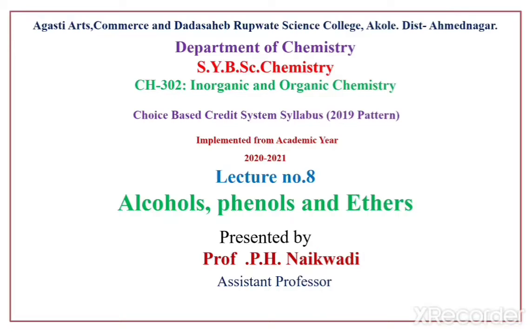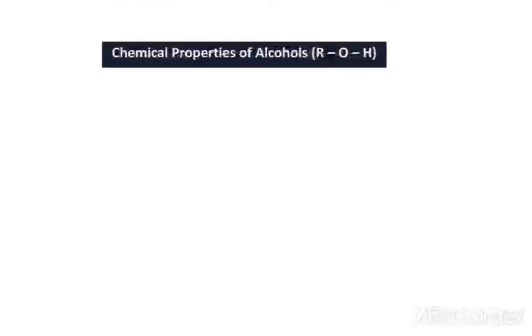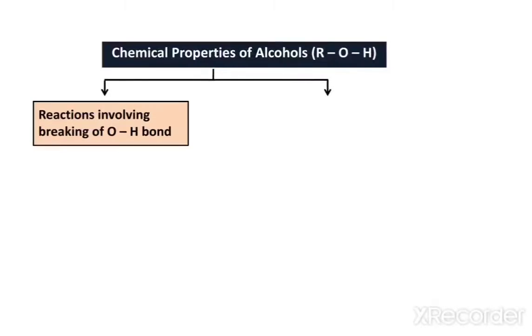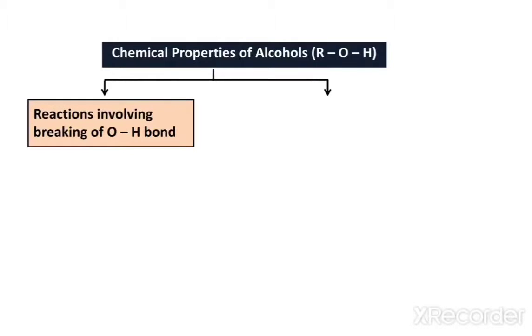Today we will start the remaining part of alcohol, that is the chemical properties of alcohol, ROH. It has two types. First, we focus on the reactions involving the breaking of the OH bond. Here we have to remember the reactivity of alcohol: first primary alcohol, then secondary alcohol, and tertiary alcohol.